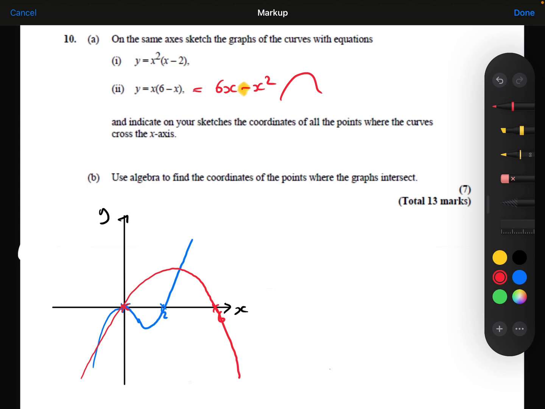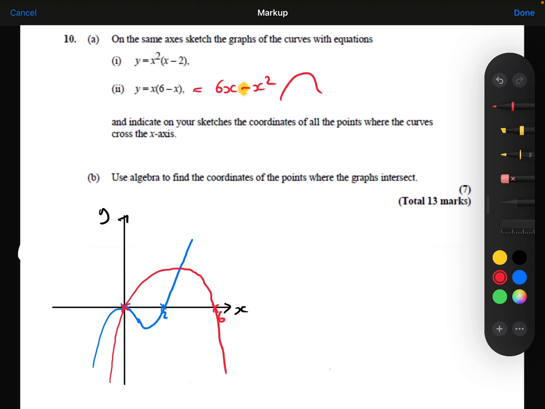There we go. One thing to point out here, it's important that you show that the two graphs will intersect at this point down here. If I had drawn my graph like this, that would be wrong. The reason is that the blue line is an x cubed and the red line is an x squared.